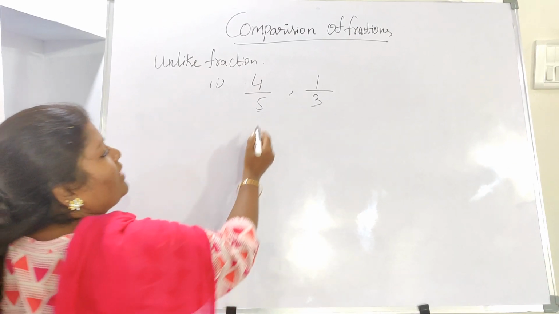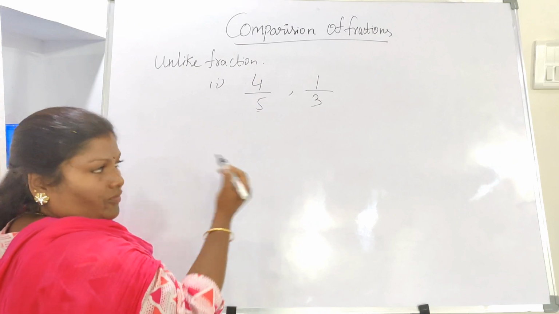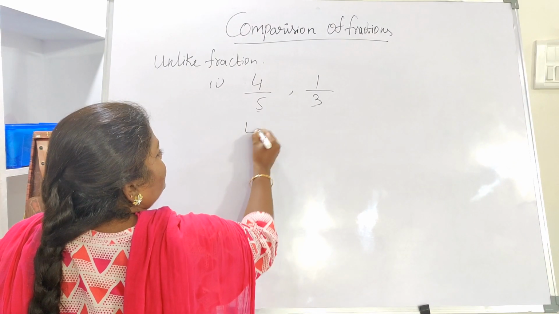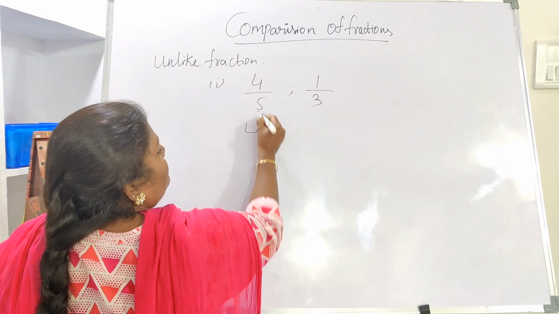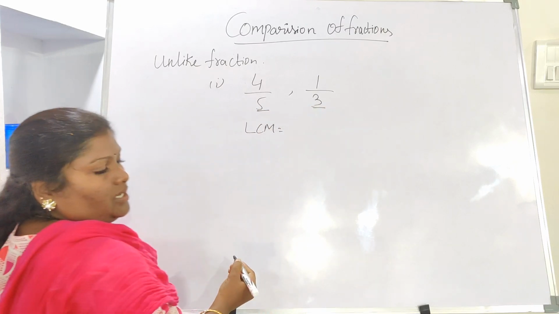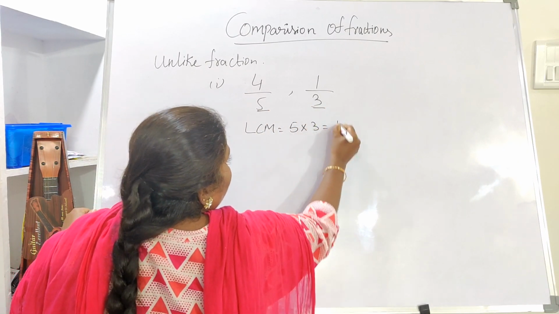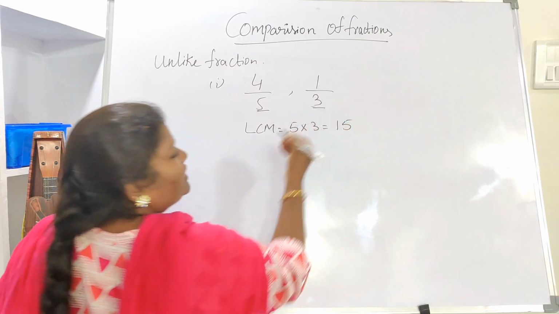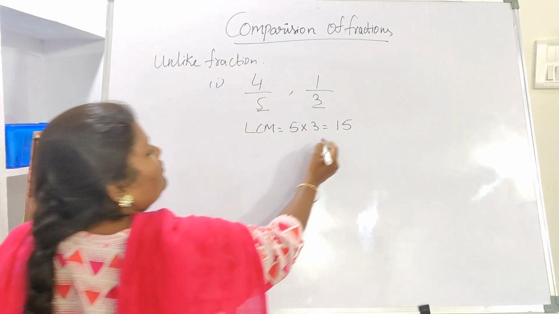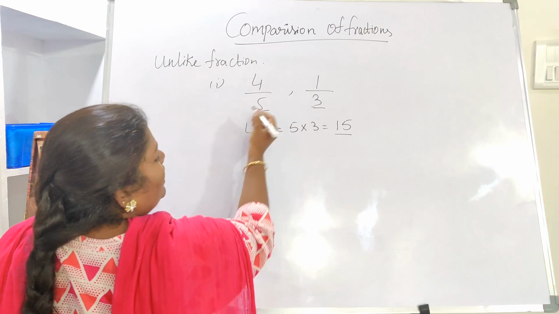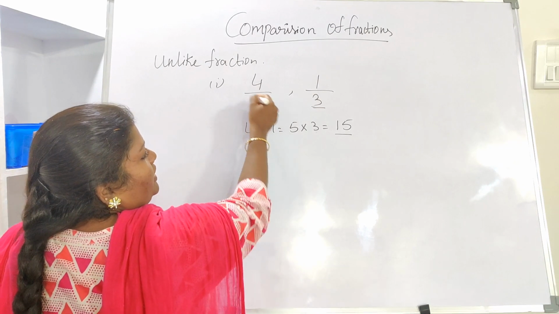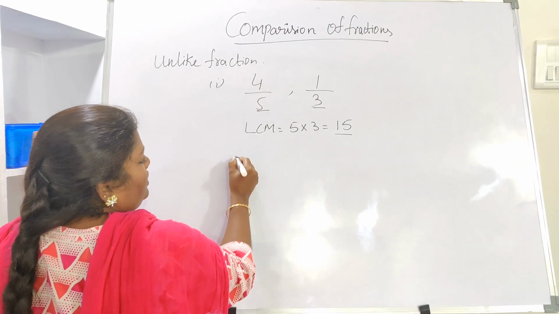So here you have to take the LCM of the denominators. Because you have co-prime numbers here, you can directly multiply the denominators and say that their product is the LCM. Now after doing this, you have to make the denominators equal.